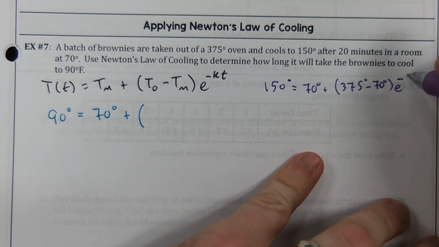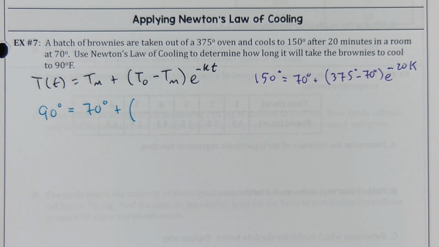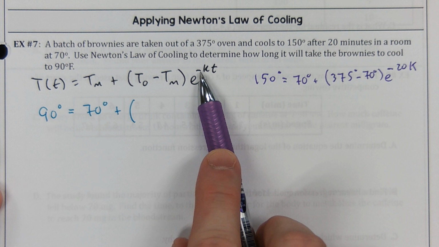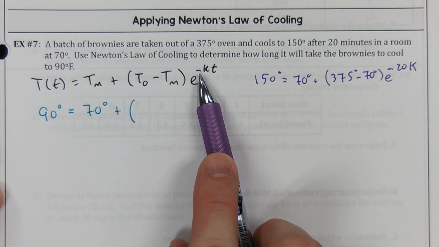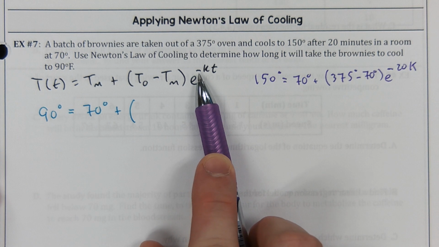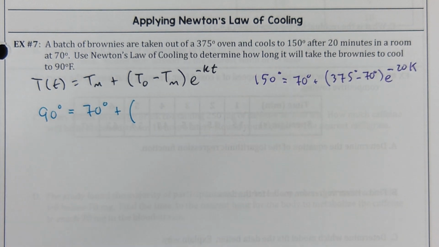We don't know k. So we're going to use that to solve for k. Then we'll come back and use it to figure out how much time it's going to take to get down to 90. Wait, why is it negative? Just because it's part of the formula. There's a negative sign in the formula because it's cooling, which is a decay. So it's continuous decay, which is why it has a negative exponent. Okay? All right.